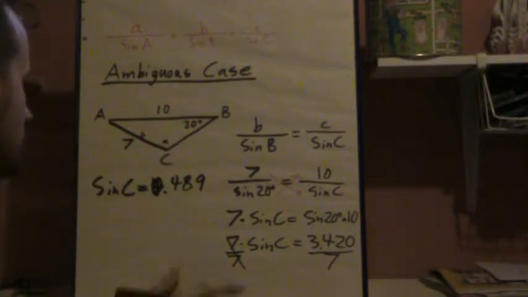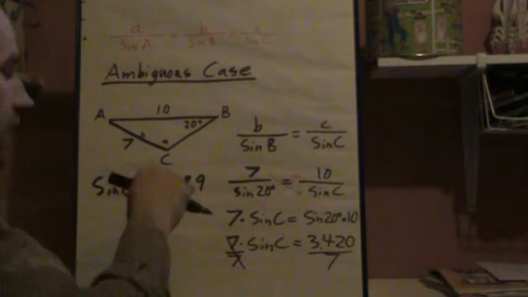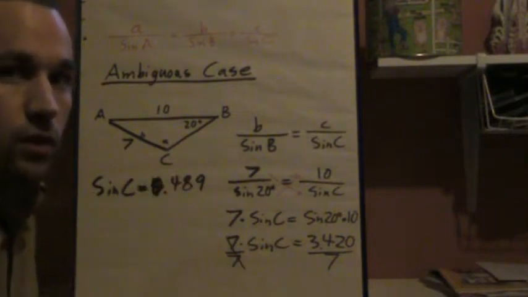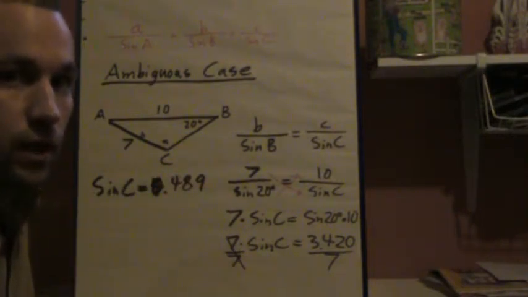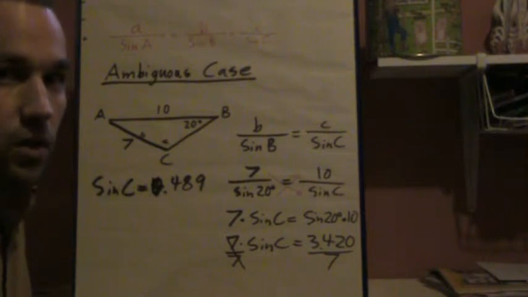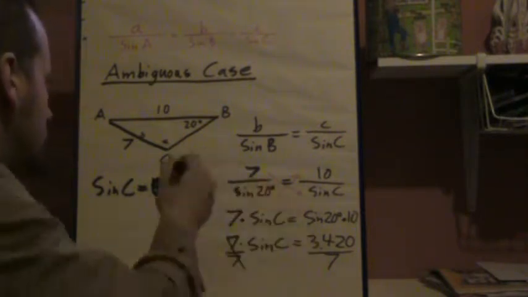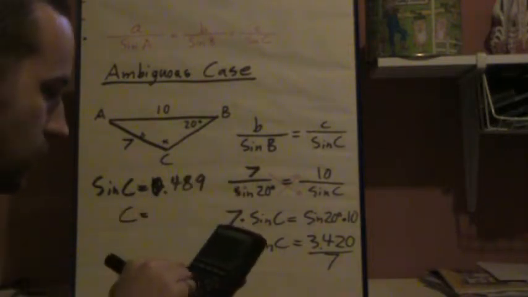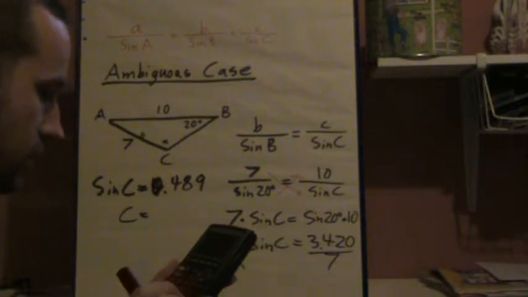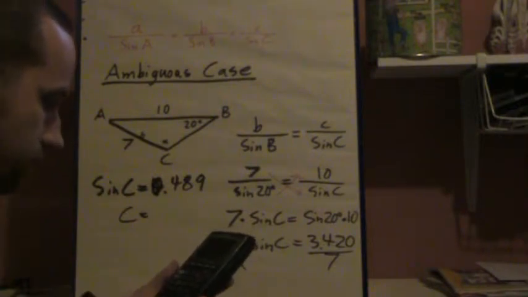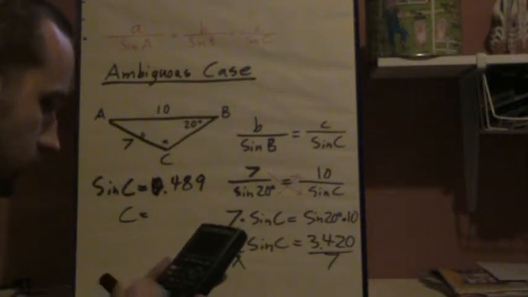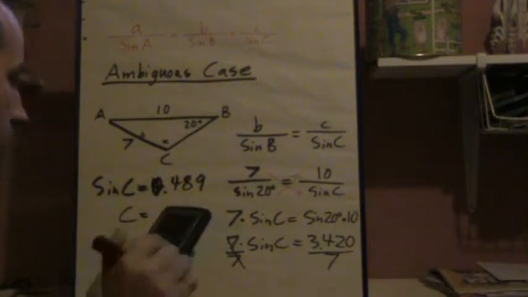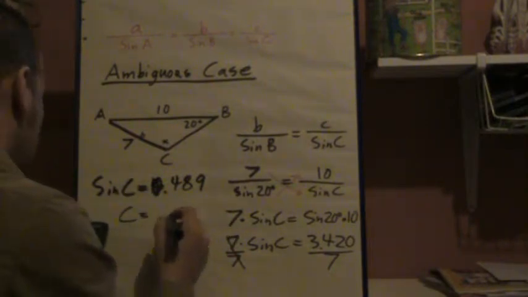This isn't angle C, it's the sine of angle C. So we're going to use our calculator and do the inverse sine to have our calculator tell us what angle, when you take the sine of it, gives you 0.489. So on our calculator I go inverse sine of 0.489, and I get 29 degrees.